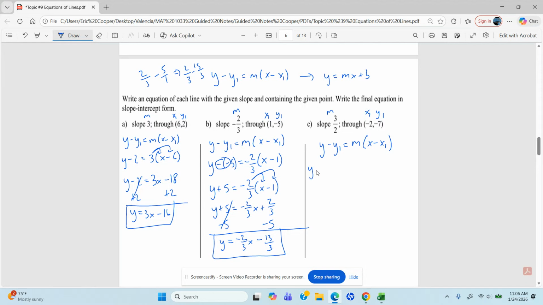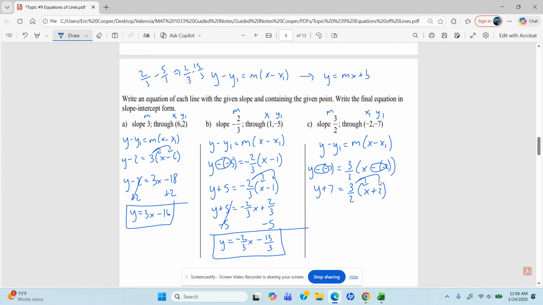So we're going to have y minus negative 7 equals 3 over 2, x minus negative 2. And both of these double negatives here are going to become positive. Y plus 7 equals 3 over 2, x plus 2.